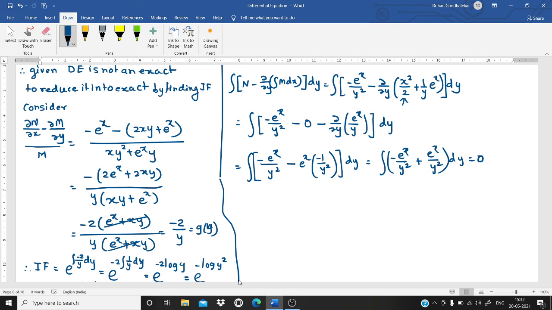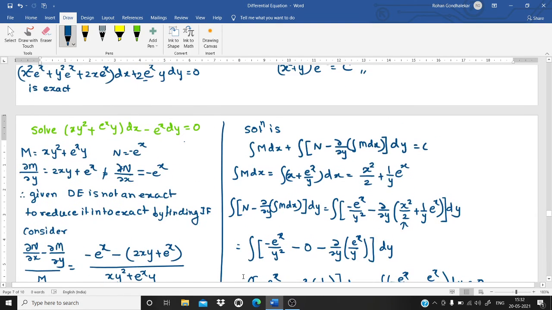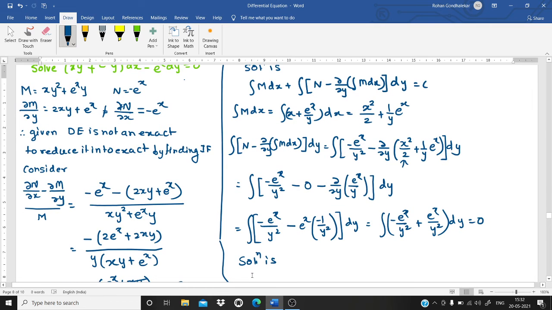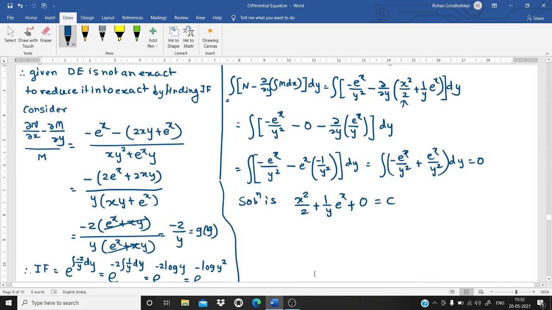So addition becomes 0. Therefore, solution is, what is the solution? Integral m dx plus integral n minus this. So addition of this term plus this term is our solution. So hence x square by 2 plus 1 upon y into e raised to x plus the second term, the answer is 0, equals to constant.